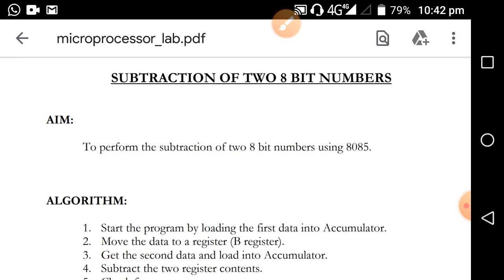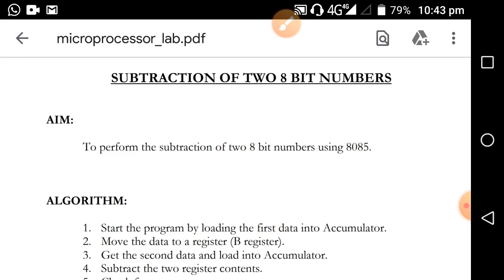So these two 8-bit numbers which are stored in the memory, first we will move these contents into the accumulator and some other register of the microprocessor 8085, and then we will use an instruction like SUB with the register in which the second number is placed.